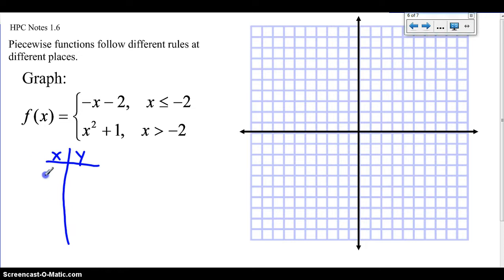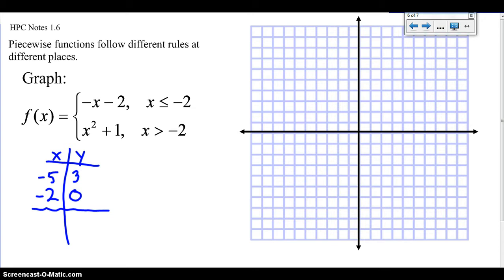Now remember, a linear function, when it comes down to it, we only really need 2 points. So I'm going to choose -5 and -2. It really is important that I get -2 in there because that's where the graph ends. So at -5, we'd have a value of 5 minus 2, so that would be 3. And at -2, we'd be 2 minus 2, which is 0.